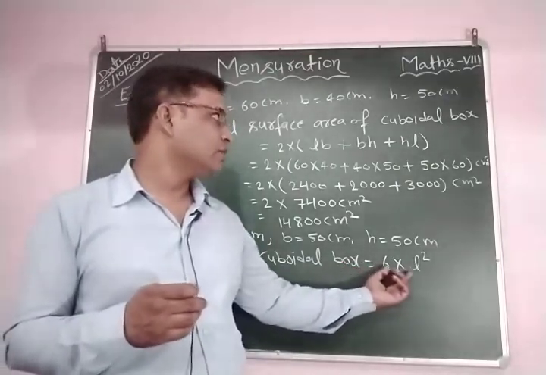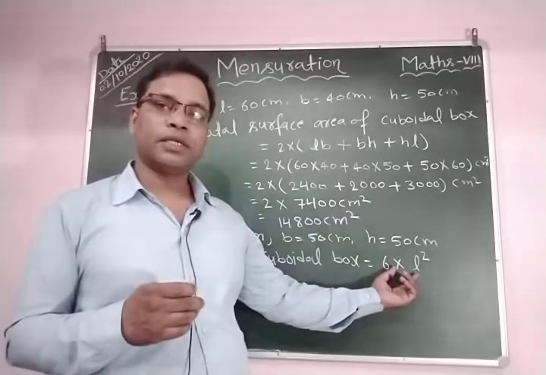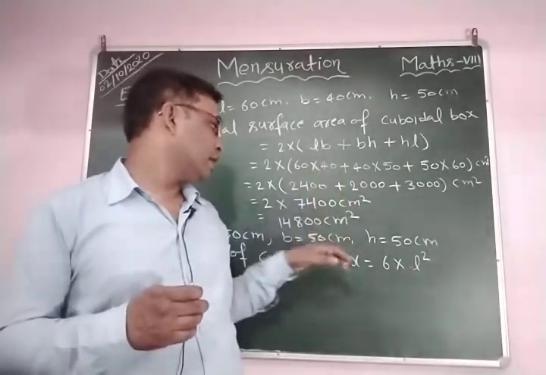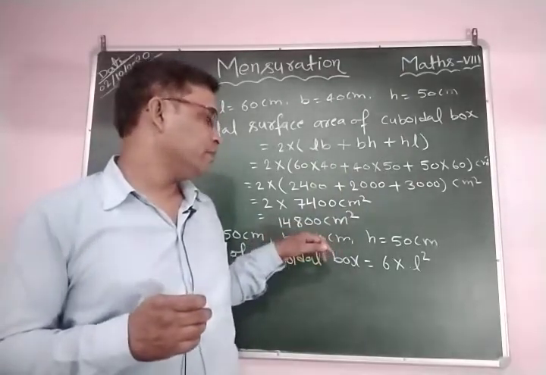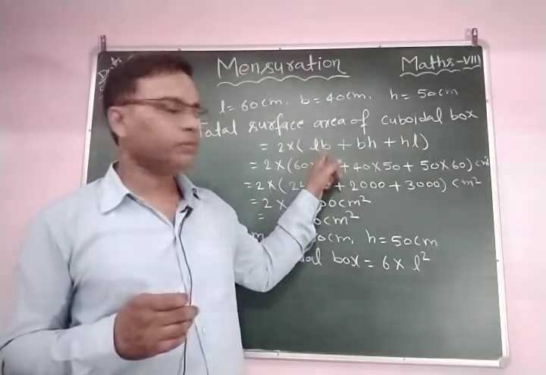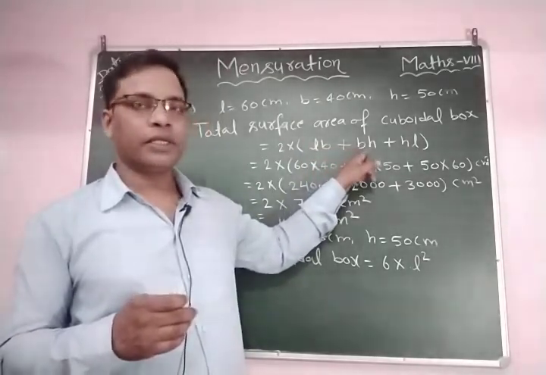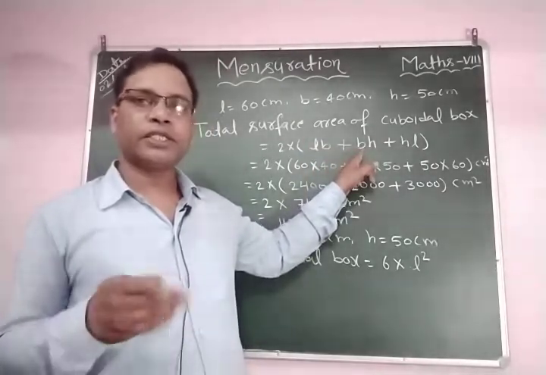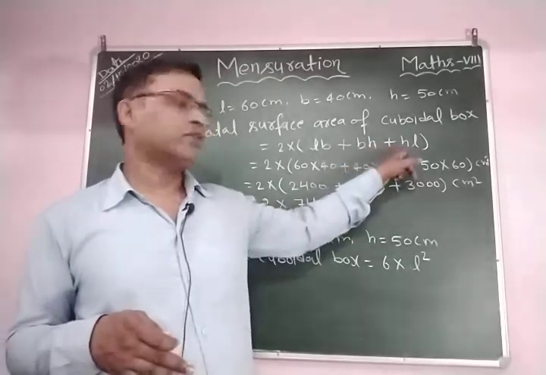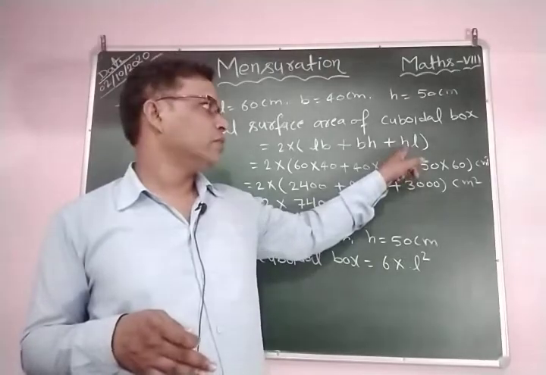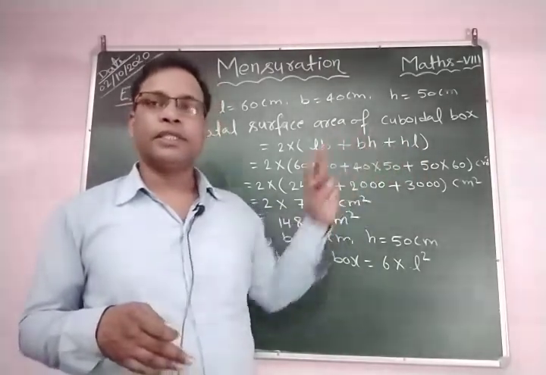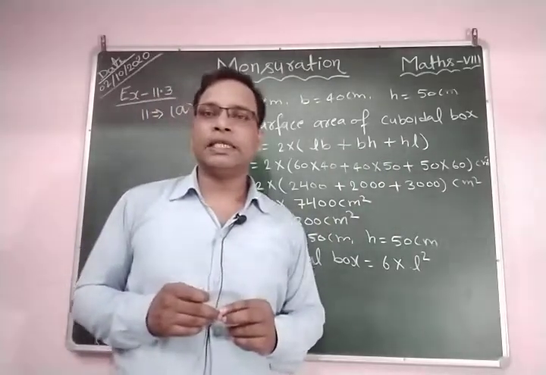Okay, so 6 into square of length, because L into B, here L is equal to B, B is equal to H. So L into B means L into L, L square. B into H means B is equal to L, H is also equal to B, so this is L square, this is also L square, and H into L is L square. So 1L square plus 1L square plus 1L square is equal to 3L square.